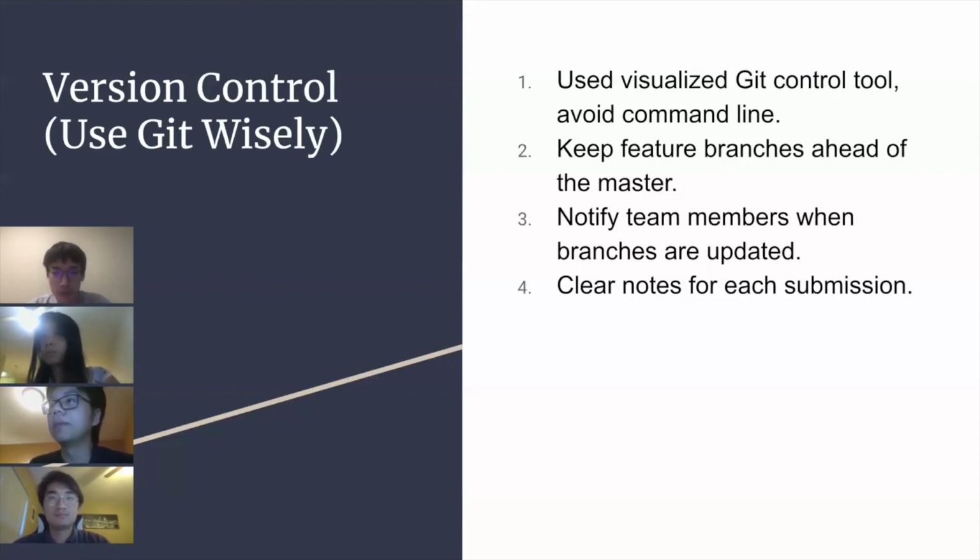And lastly, clear notes for each submission is really important, because if we want to look back to see what went wrong, we need to read the notes and see how that person wrote the code. So clear notes are really important. And yeah, that's all.